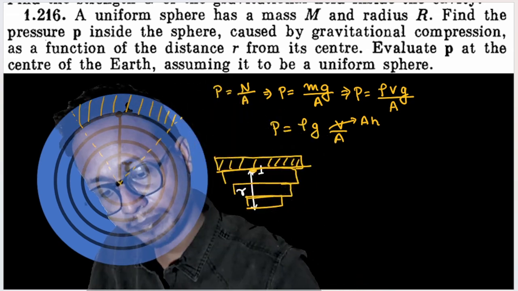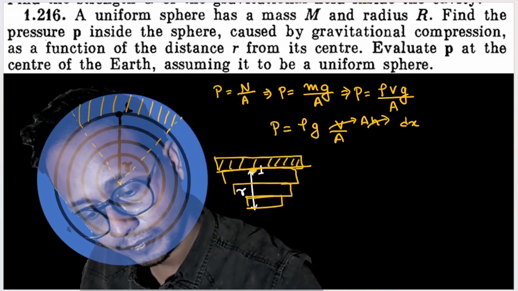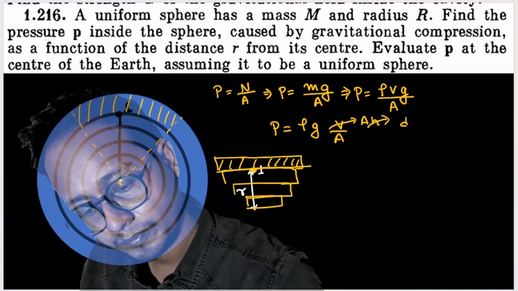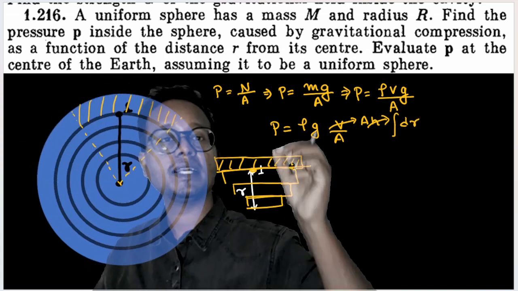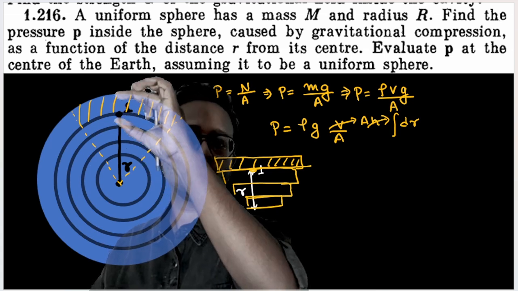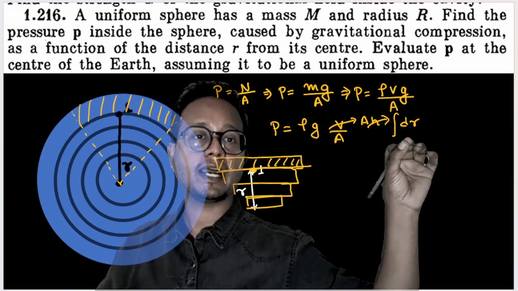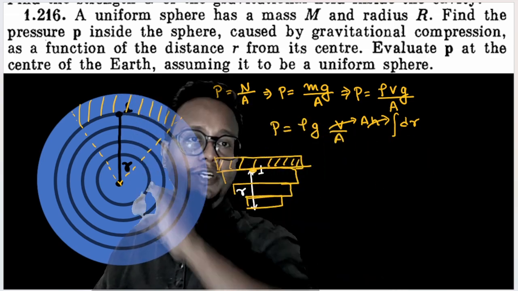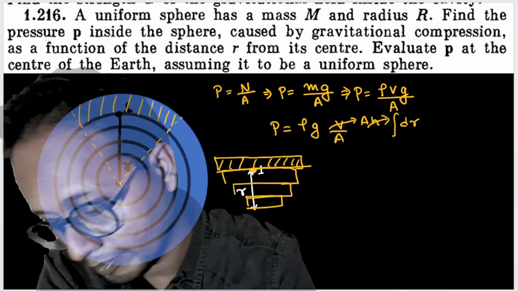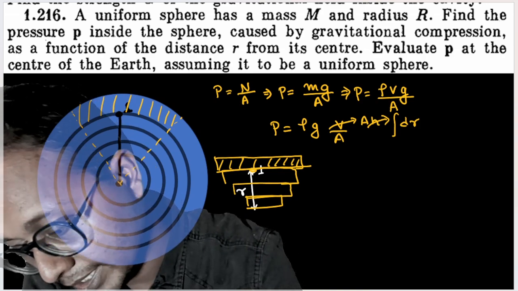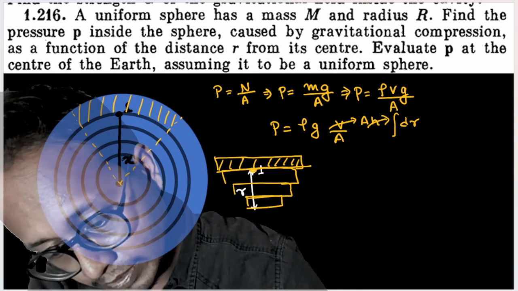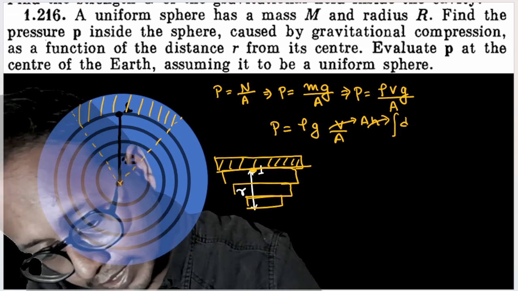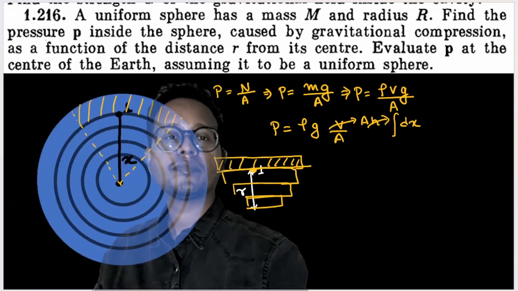I take an element dr, and integrate that element dr from this point to this point. Okay. Instead of writing h, I have taken the integral of element dr from this point to this point. Or let's name this, instead of using variable r, let's name this x. Okay. Rho g, instead of using h, I'll use dx.